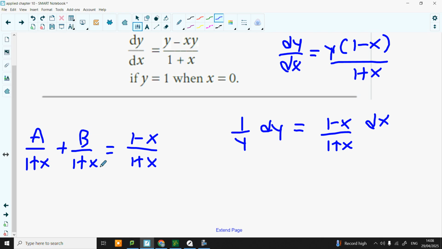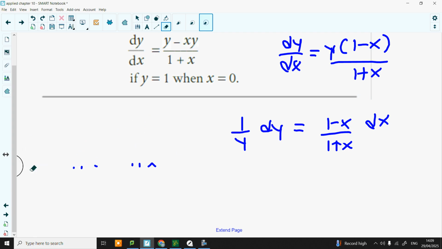Right, so are you ready for this? Oh wait, that won't work either, because they're the same denominator. First time doing one of these ones, actually unusual.